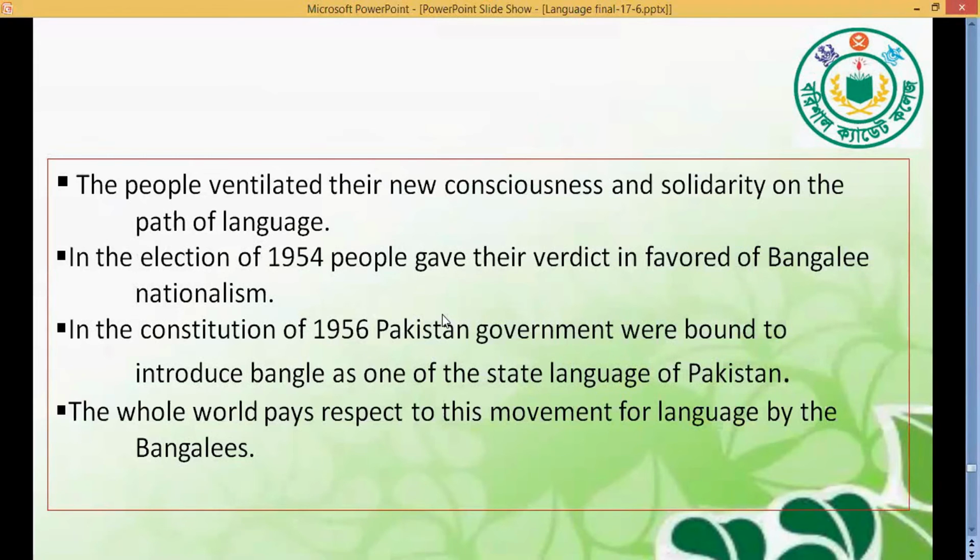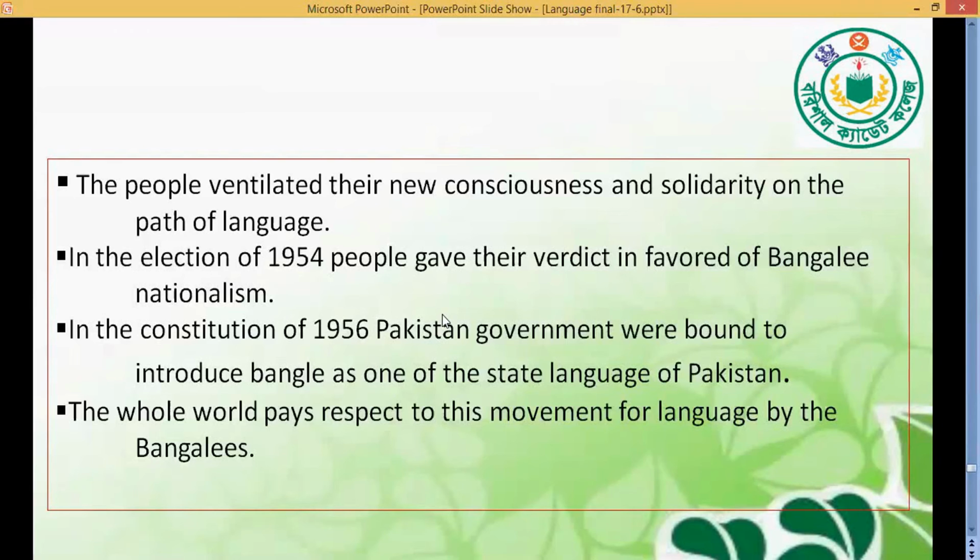In the election of 1954, people gave their verdict in favor of Bengali nationalism. In the Constitution of 1956, the Pakistan government was bound to introduce Bangla as one of the state languages of Pakistan.